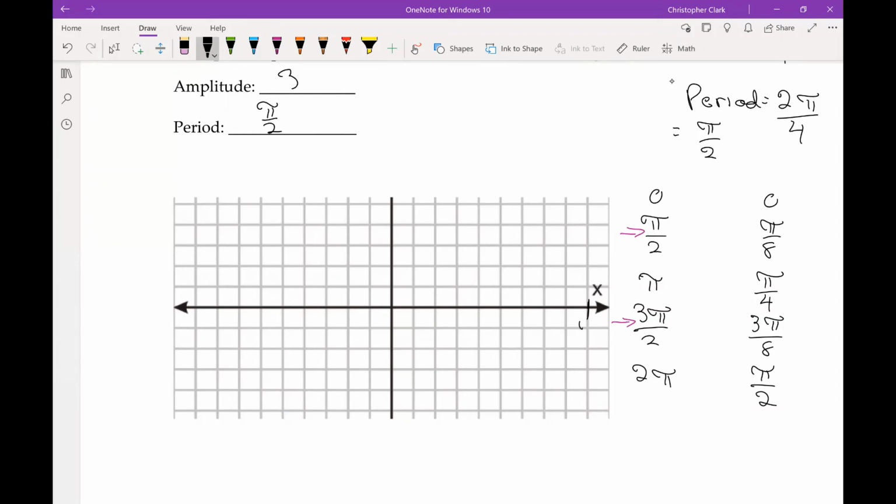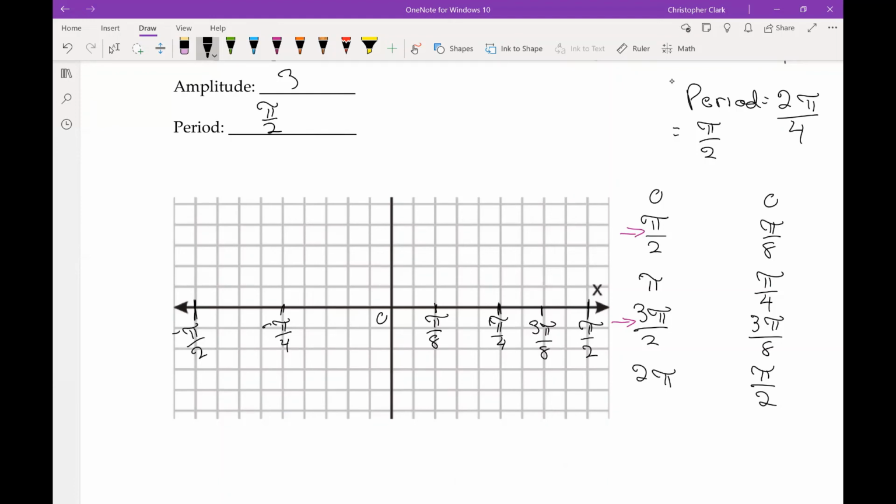So we're going to draw this. Here's our pi over 2, here's our 0, here's our negative pi over 2. We'll put this in the middle, call this pi over 4. Put this in the middle, call this negative pi over 4. Divide this up yet again. And this one is going to be pi over 8. It's going to be 3 pi over 8.